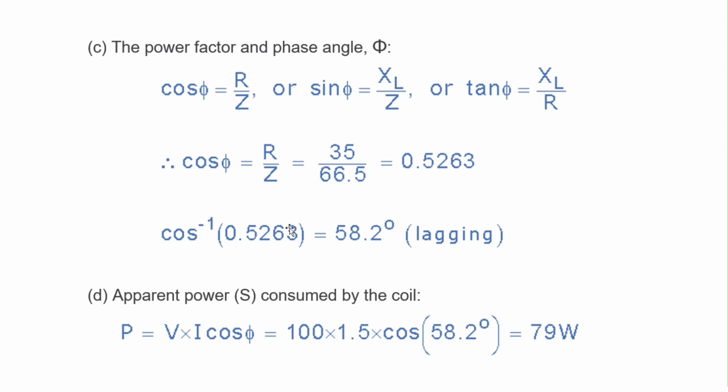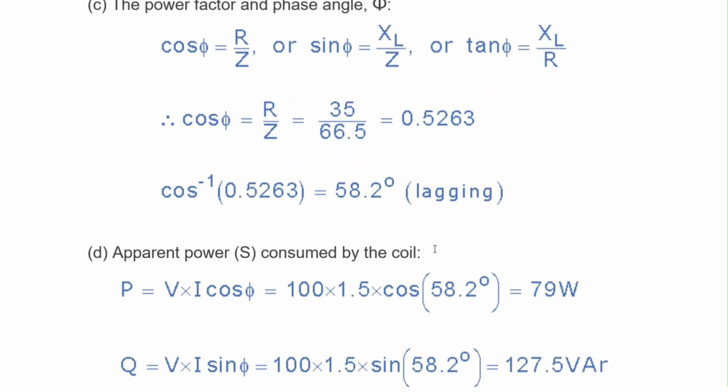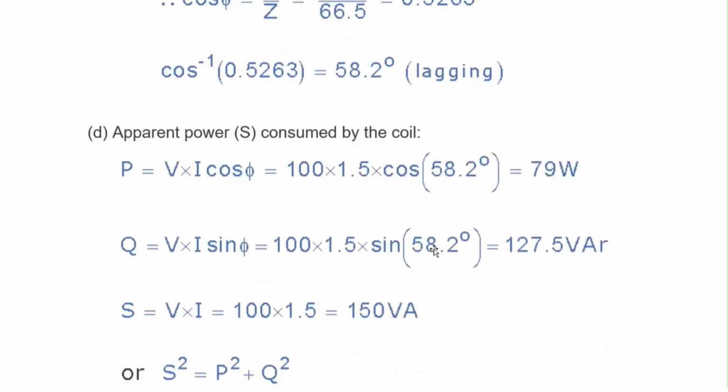And if you take the inverse of 0.5263, you will get the power factor angle or the phase angle. So you get 58.2 degrees, and this is the angle with which your current is lagging, because the circuit is inductive.